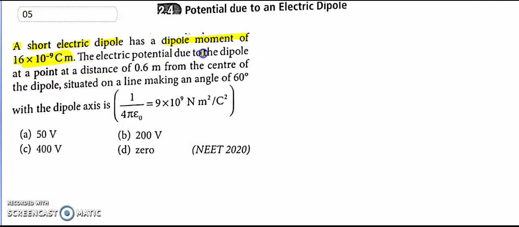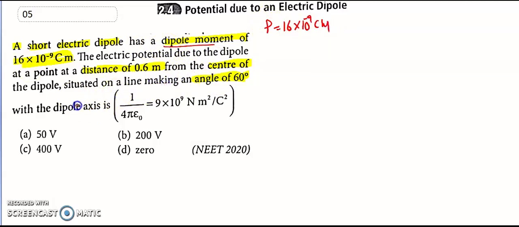The electric potential due to the dipole at a distance of 0.6 meter from the center of the dipole, on a line making an angle of 60 degrees. So P is equal to 16 × 10^−9 coulomb meter.